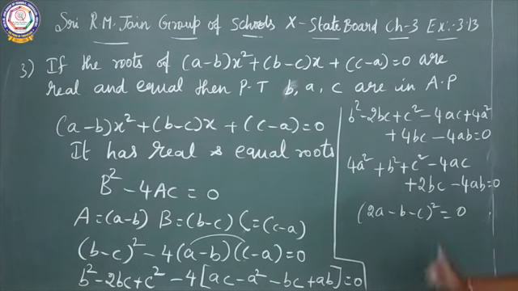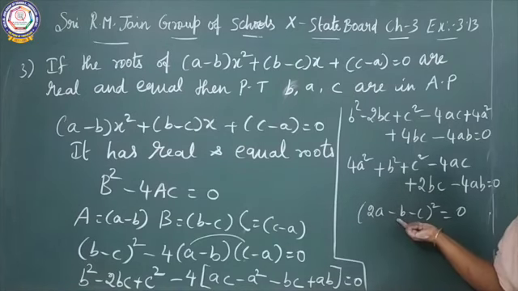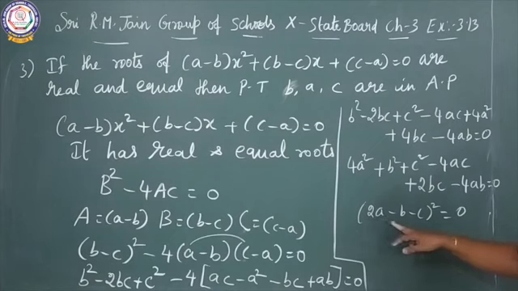See, minus into minus, again the next two terms: minus into minus, plus, b into c, bc, multiply by 2 because 2bc. Then last and first term, minus into plus, minus: 2a into c, 2ac, multiply by 2, minus 4ac. So, (2a minus b minus c) the whole square equal to 0.